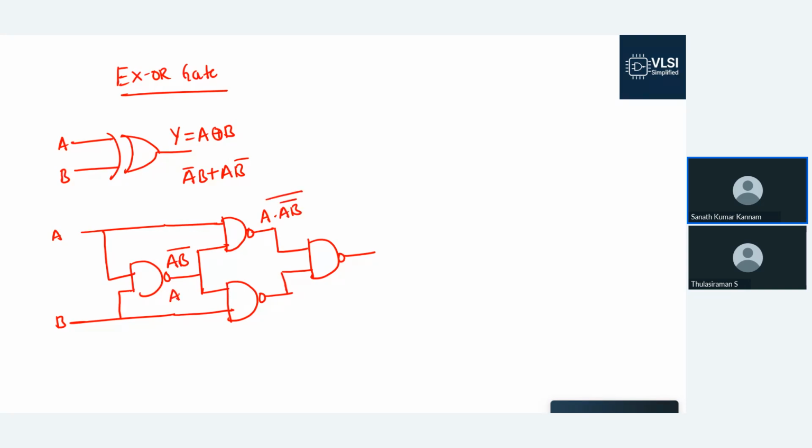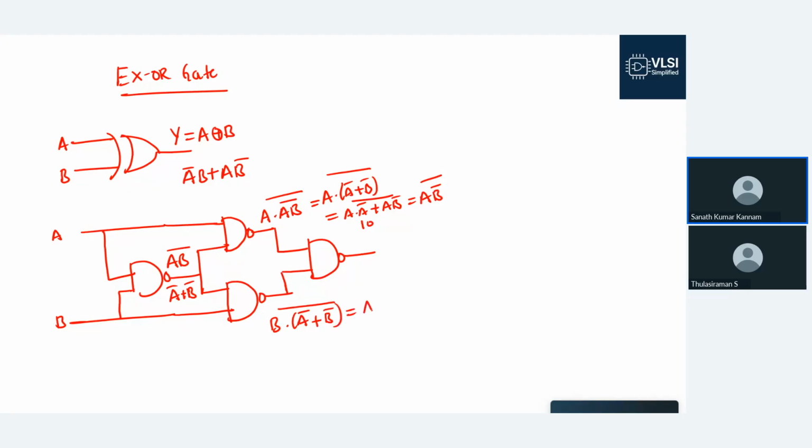So AB bar equal to what? A bar OR B bar. So you can write this as A and A bar OR B bar whole bar. So if you multiply, A and A bar OR AB bar whole bar. Anyway, A and A bar is 0, so this is nothing but AB bar whole bar. Similarly, you will get here B and A bar OR B bar whole bar.